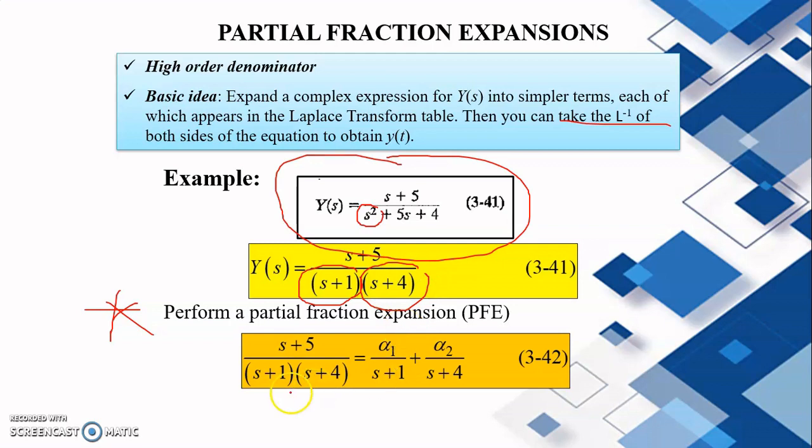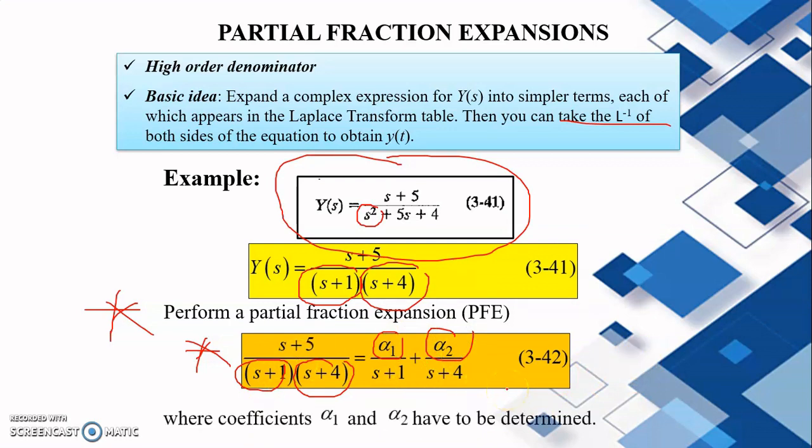If we rewrite this equation into these terms, we put alpha 1 over s plus 1, split into 2, plus alpha 2 divided by s plus 4 for the second factor. The first factor we put alpha 1, the second factor we put alpha 2. So this is how we start to do the partial fraction expansion.